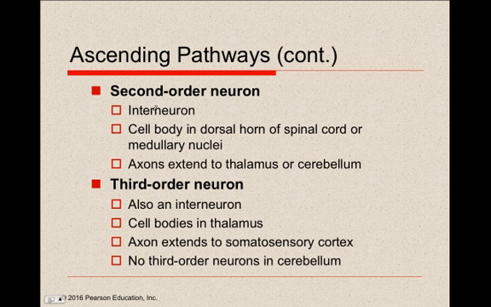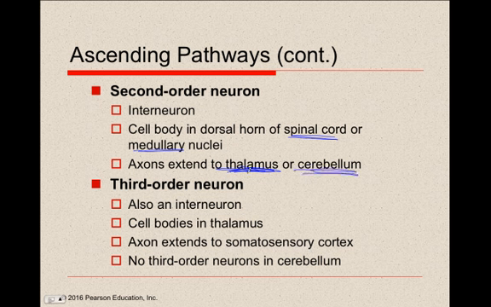And so the second order neurons are going to take that information and extend all the way up to the thalamus. So again, remember, they synapse with their first order neuron in the spinal cord or in the medulla. And then they're going to extend all the way up to the thalamus, remember, which is our relay station of the brain, right? Or they're going to go to the cerebellum, okay?